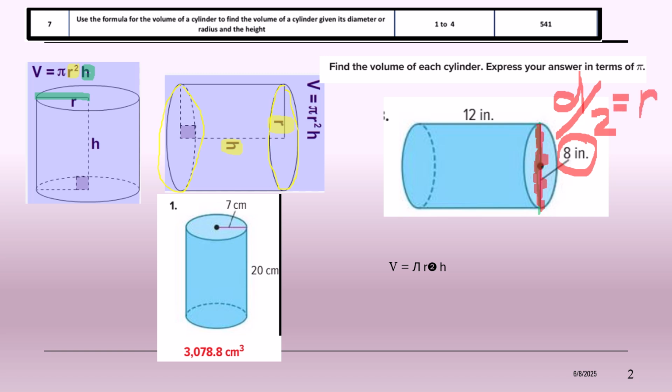So, once you get your radius, all you do is slot it into the formula. In example 1, you can see this is very easy because they have just given me the radius. So I do not need to do anything to the radius. All I need to do is substitute it into the formula, and my formula is volume equals pi r squared times height.